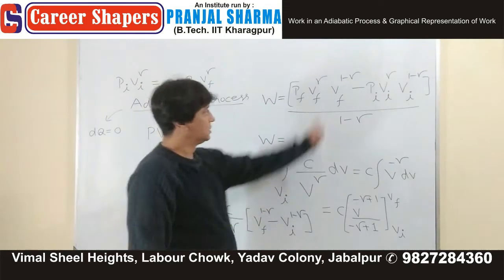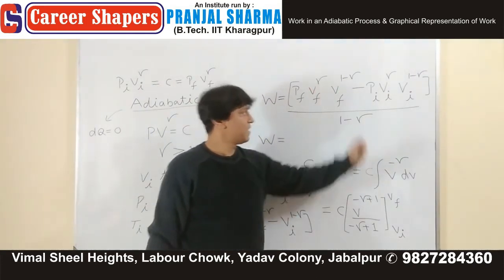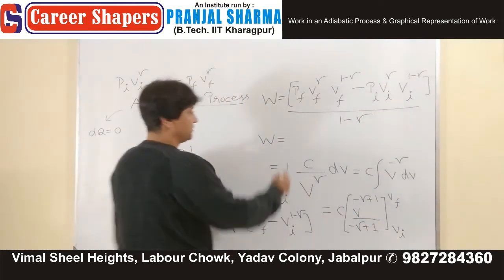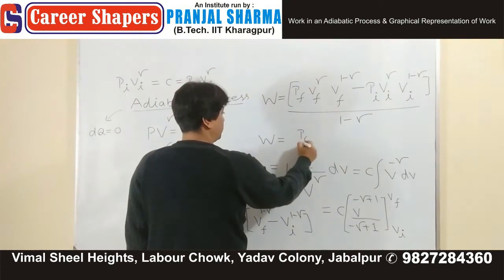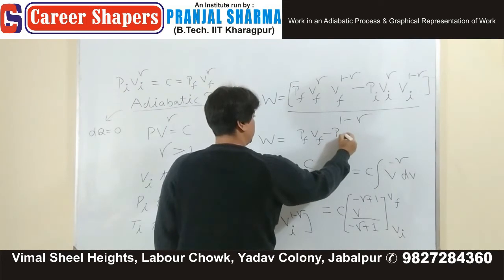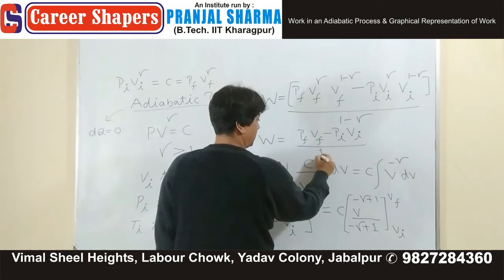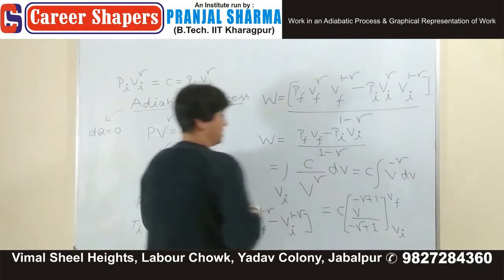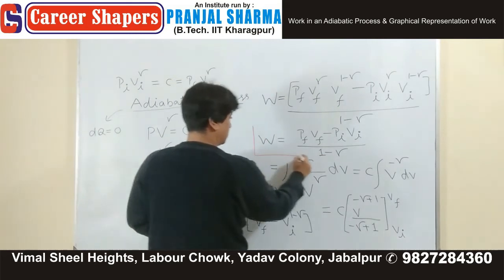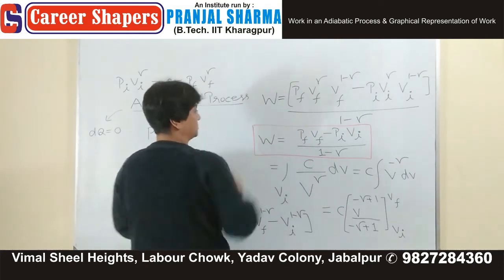What is this? Gamma minus gamma cancel. Both are V final, V final. Gamma, gamma cancel, V initial, V initial. This gives us P final, V final minus P initial, V initial whole divided by 1 minus gamma. This is work done in an adiabatic process.